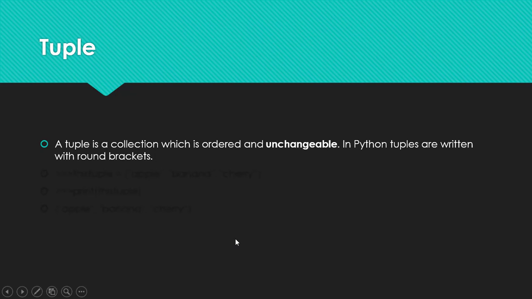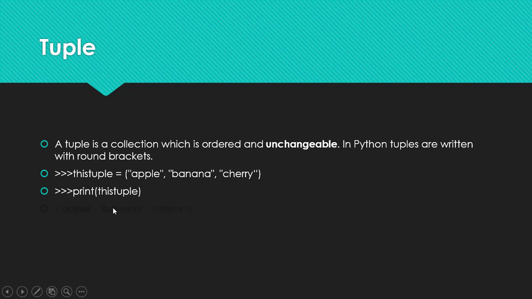So let's see how we can create a tuple. For example, the variable name is thistuple, which is equal to, in the parentheses, in the round brackets, apple, banana and cherry. It is very similar to a list. It is a collection. It is ordered. By ordered I mean there are index numbers. Apple here is at 0, banana at 1 and cherry at 2. But the only difference between a tuple and a list is lists are mutable, changeable, but a tuple is not mutable.